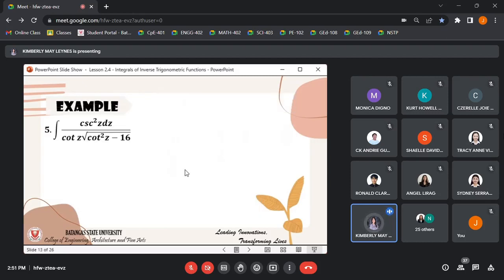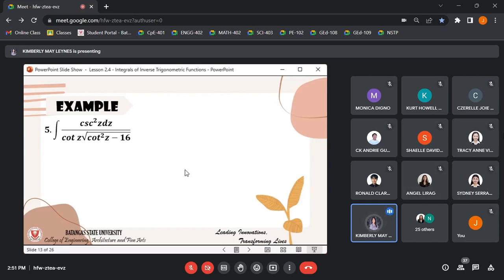The integral of cosecant squared z dz over cotangent z square root of cotangent squared z minus 16. So, ang gagawin lang po natin dito, kunin ang u squared. Alin po magiging u squared natin? Which is our value of u squared?